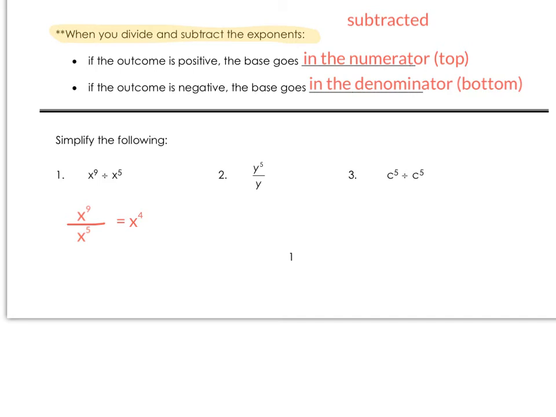Okay, now the next example, if we have 5 on top, 1 on the bottom, again, we can write a little 1 if that helps you. Because if we don't see the exponent, it's a 1 because there's 1 of them. So 5 minus 1 gives me 4, so my answer is y to the fourth. And in this next example, I'm again going to write it out first.